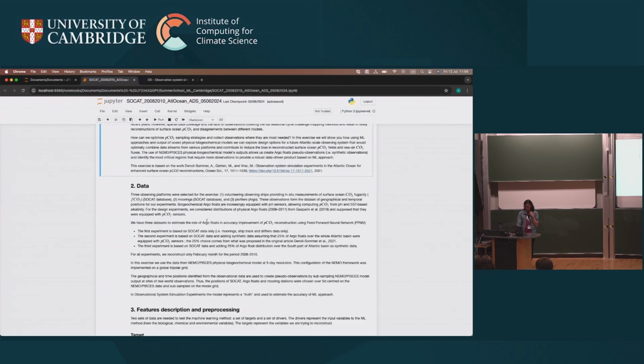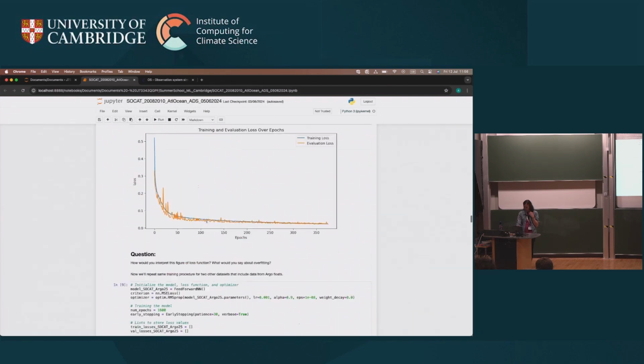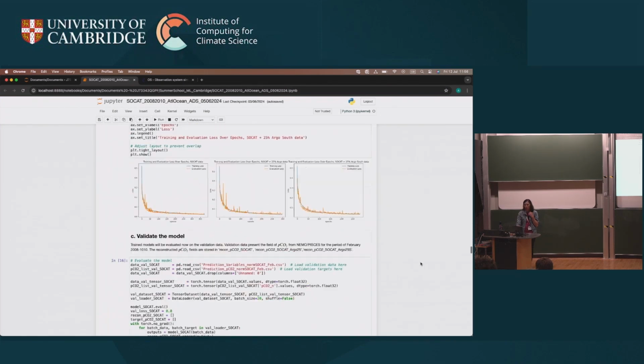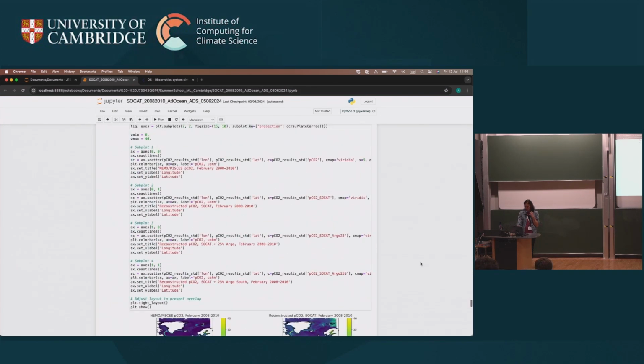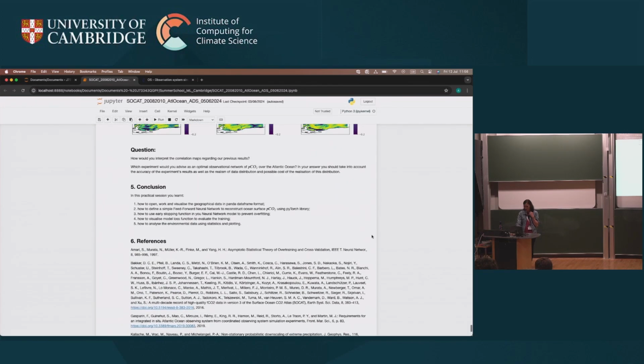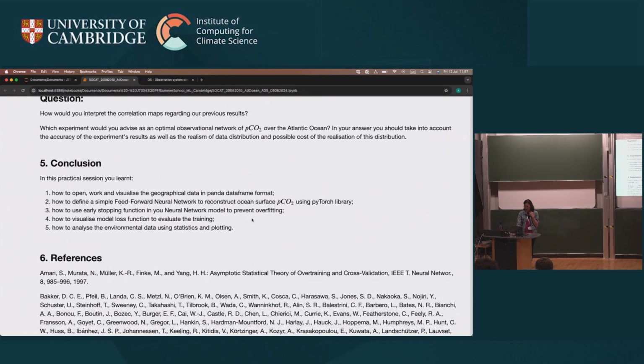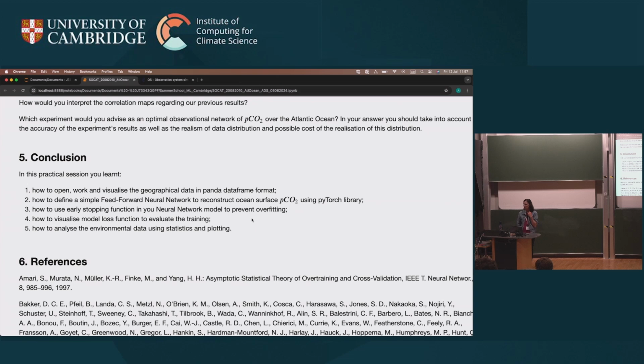So in the end, you have a list of what you learned today, and I hope it will be useful in your work. So I think it's applicable, not just in this case, it's quite a wide exercise, so you can apply it in different domains, I would say.